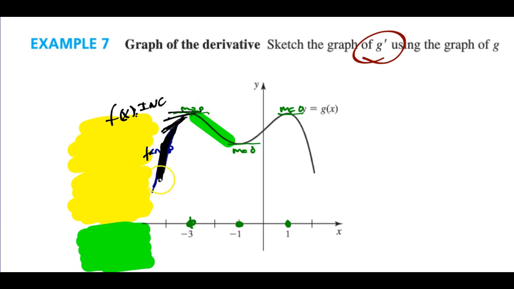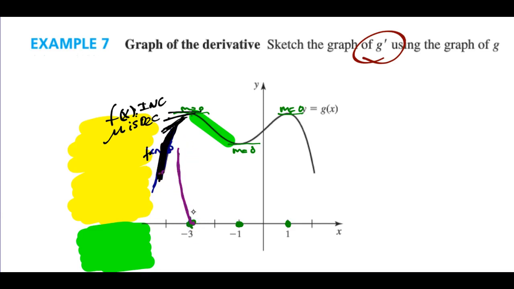Let me say it one more time. The function is increasing, but the slope is decreasing, and that's difficult for students to understand. So if the slope is decreasing, then that means that the derivative is decreasing.